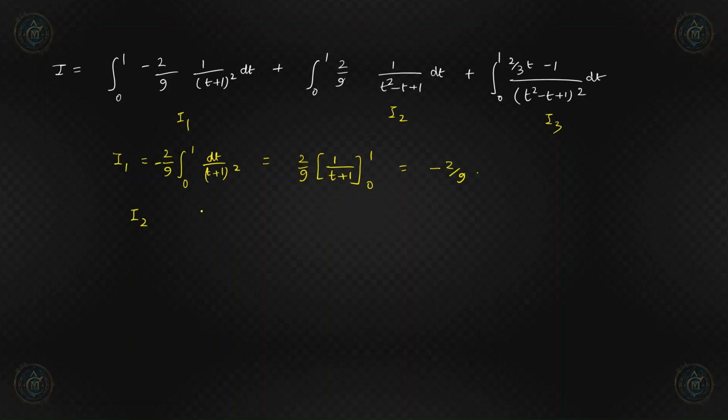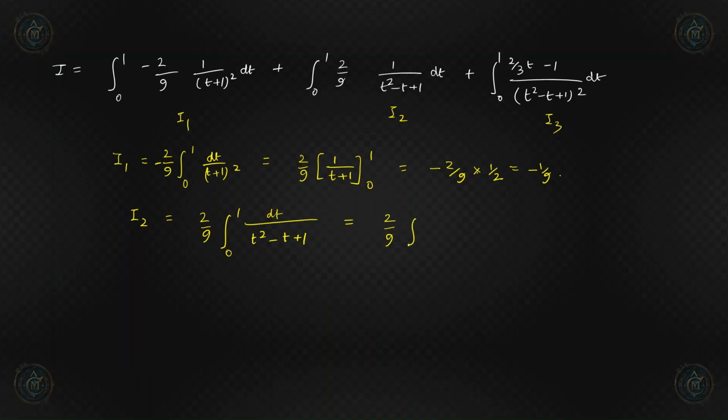Then I2 becomes, sorry, I think this is multiplied by half, so this becomes minus 1 by 9. So for this integral 0 to 1 dt divided by t square minus t plus 1, we can also simplify.